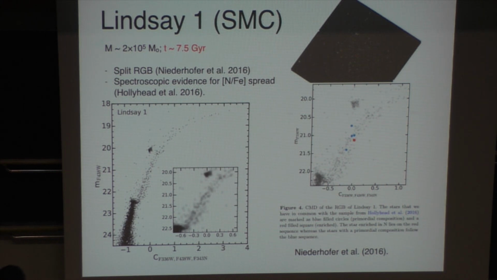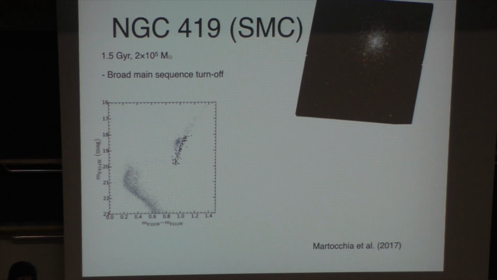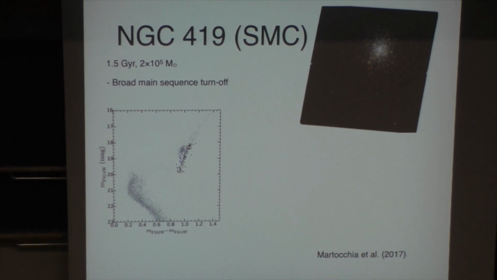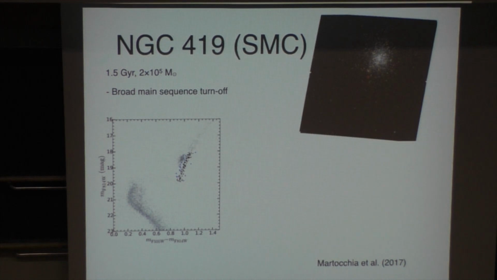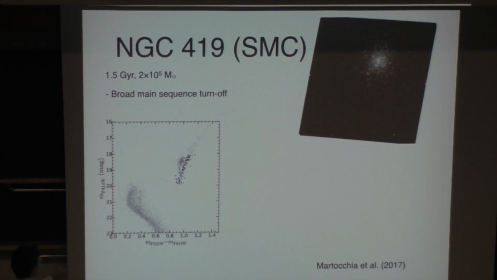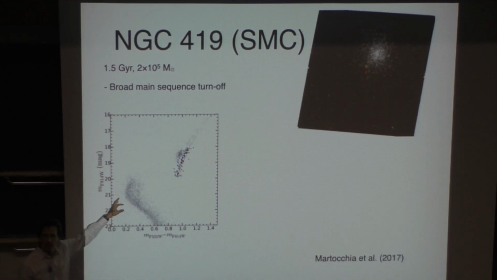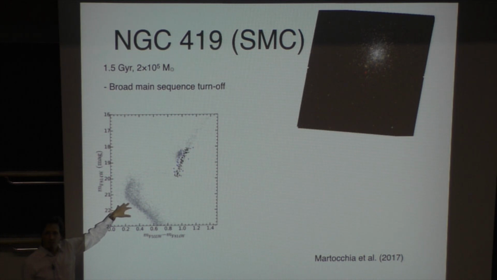Right? Even younger, NGC 419 in the SMC, 1.5 gigayears, but still a relatively massive cluster there. Here's the image of the cluster, right? And this cluster shows this feature that we often see in intermediate age SMC and LMC clusters, this very extended main sequence turn-off region here that might be or might not be related to multiple populations.